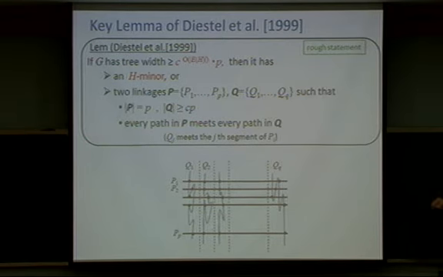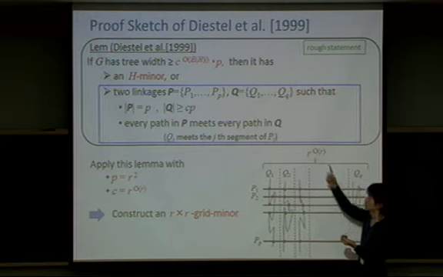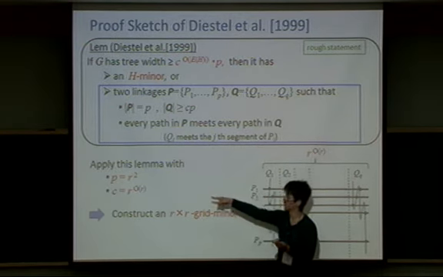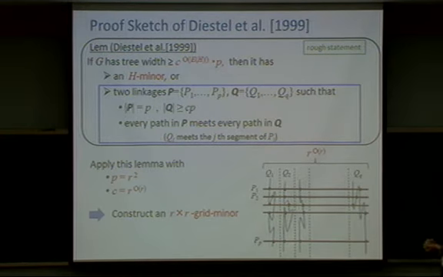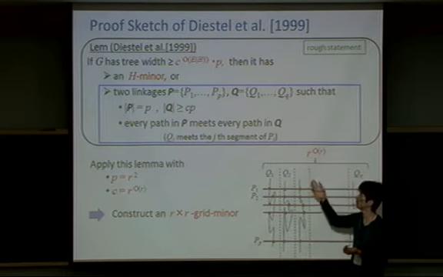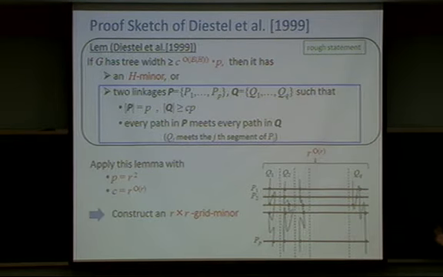And in their proof, they use this lemma, in which H is an r times r grid minor, and they set the parameters like this. p is r squared and c is an exponential function of r. And by applying this lemma, if we have the first conclusion, then we are done, because we have a large grid minor.